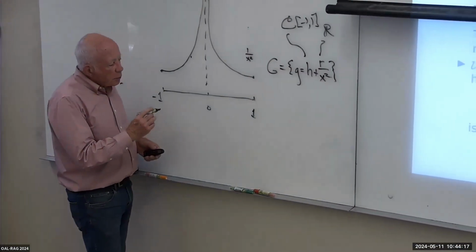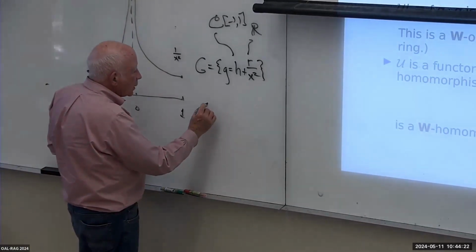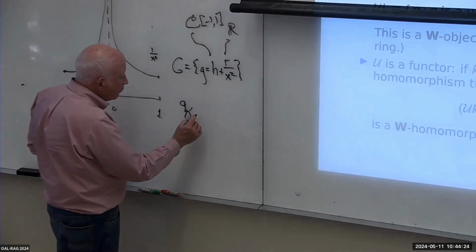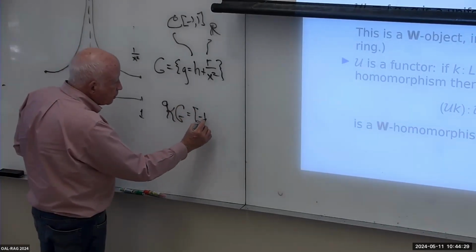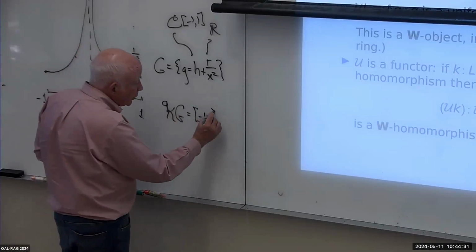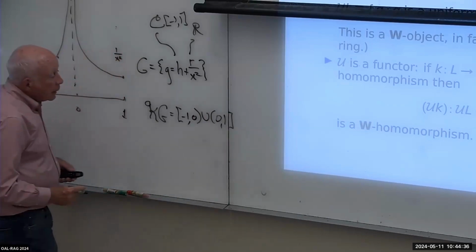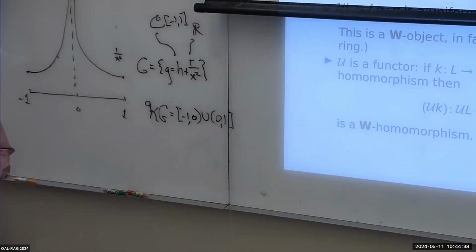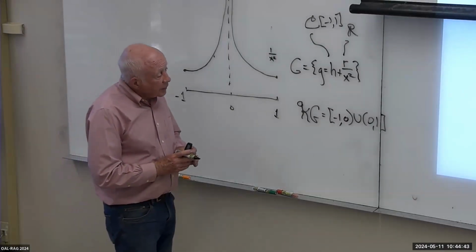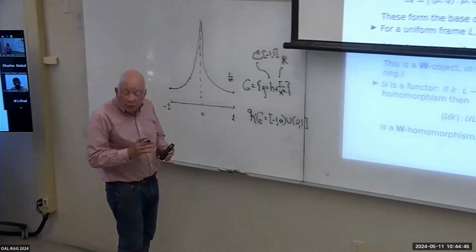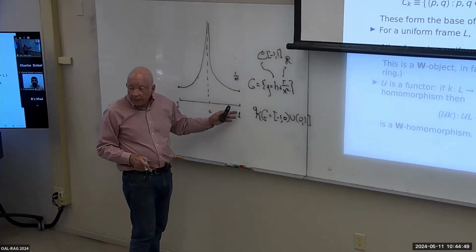What do you get when you then pass to, well, the Madden frame of this is just the punctured interval, [-1, 0) union (0, 1]. Right? That's easy to see. But the Yosida space in the sense of Wynn is just [-1, 1], right?